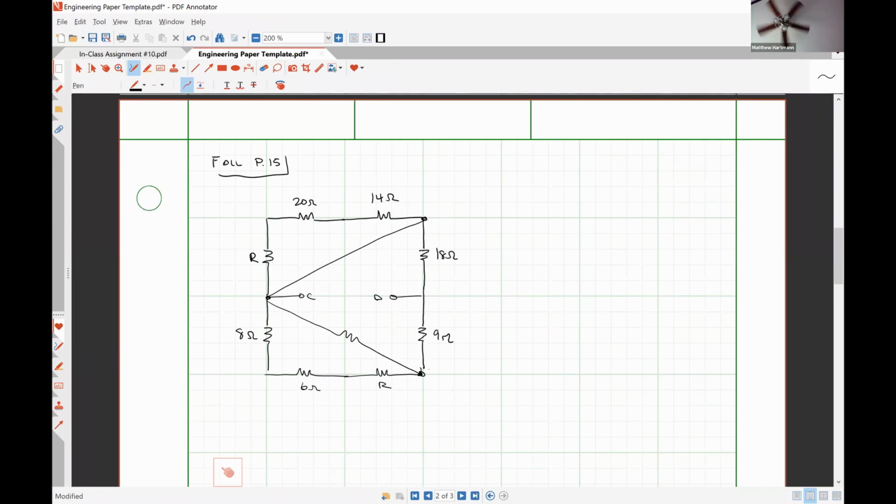We are asked to find the resistance between terminals C and D under the constraint that the value R is 11 ohms. So what I'm going to do is I'm going to identify all of my nodes.